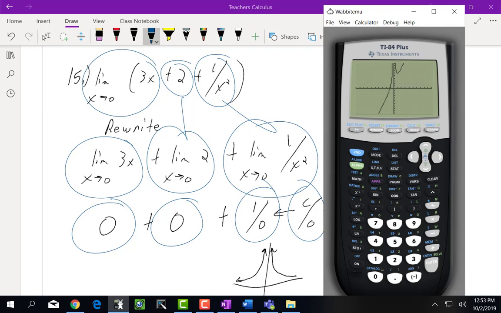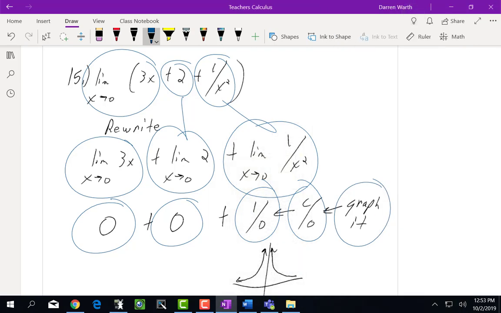So notice on this graph, it actually looks like this. As I approach 0 from both directions, they're both just going up like this. And so that answer would be infinity.